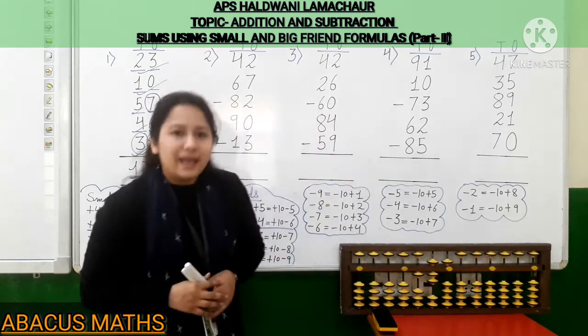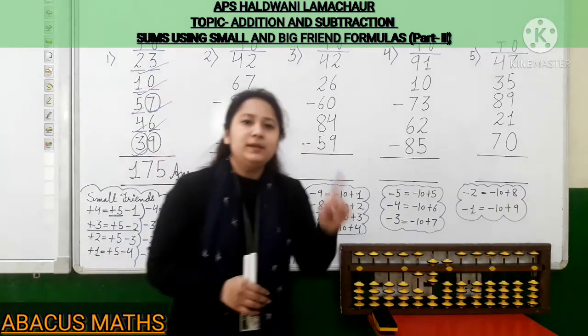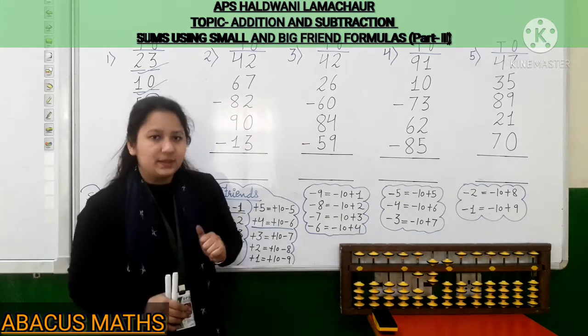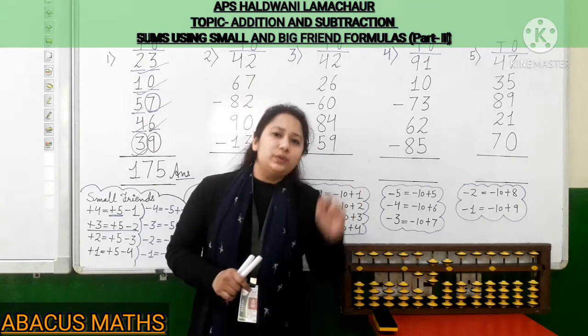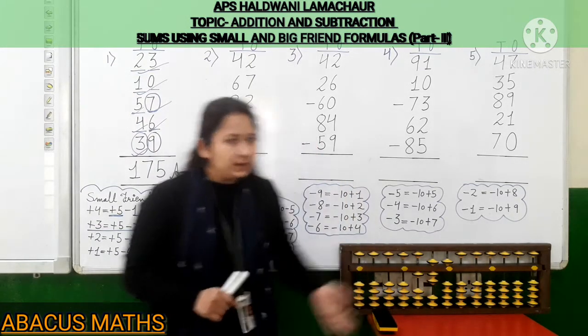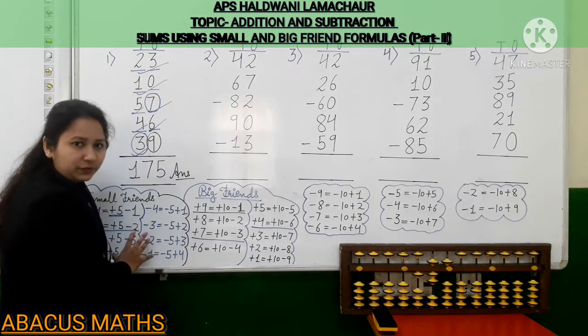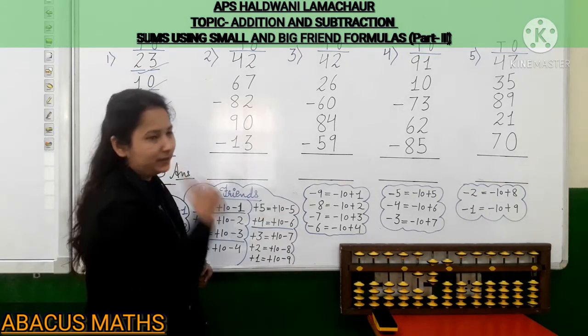So when you get lack of bead of 5, 6, 7, 8, 9, directly apply the big friends. And if you get lack of bead of 1, 2, 3, 4, then first of all check whether you can apply small friends, and if you can't apply small friends, then go with the big friends.